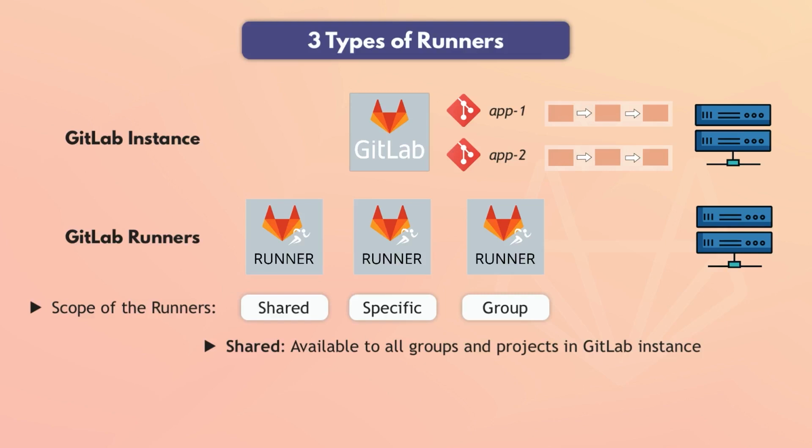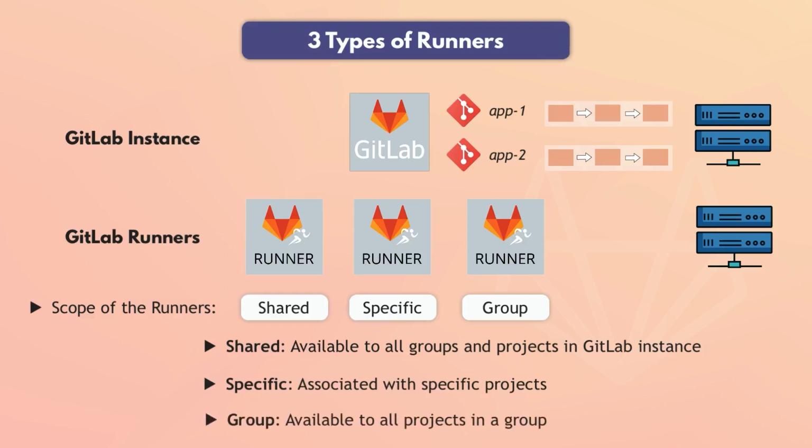And in addition to those managed shared runners, we have a specific runner for one or more specific projects, or we have a group runner for a GitLab group, which can be shared by all the projects and repositories in that group. And for a self-managed GitLab installation, we have to, of course, manage the shared runners ourselves also.